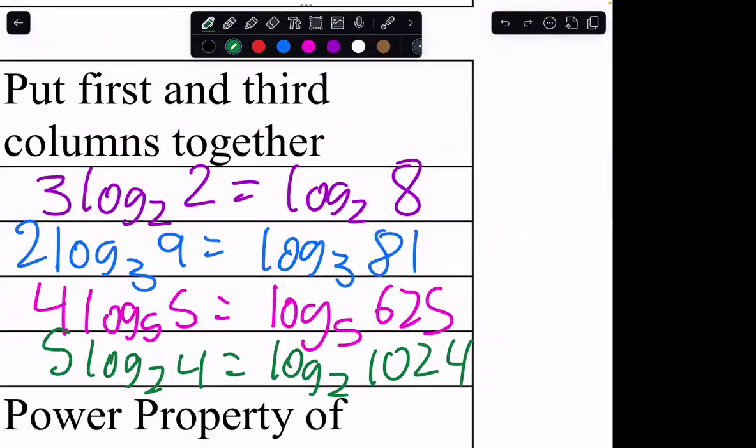Okay, so Matisse is suggesting taking the coefficient and making it an exponent or a power of the argument. Okay, so 2 to the third power equals 8. Over here, if you move this up, 9 to the power of 2 equals 81, and so on.